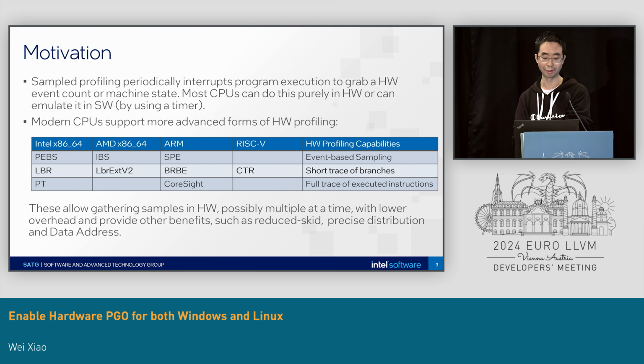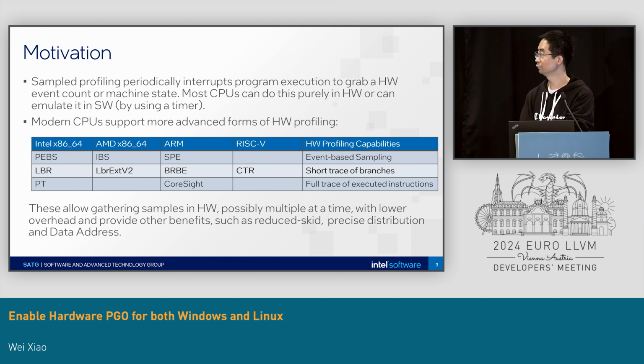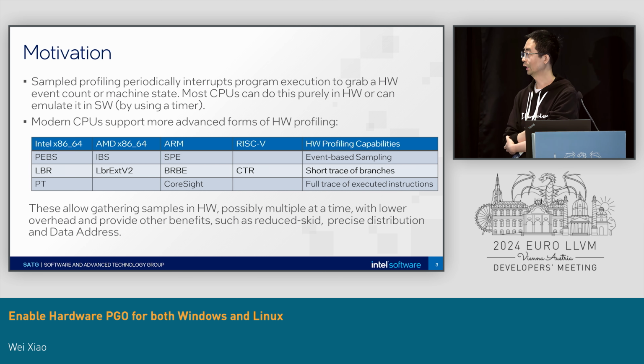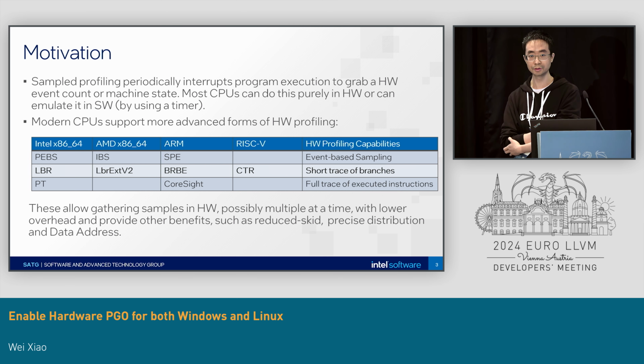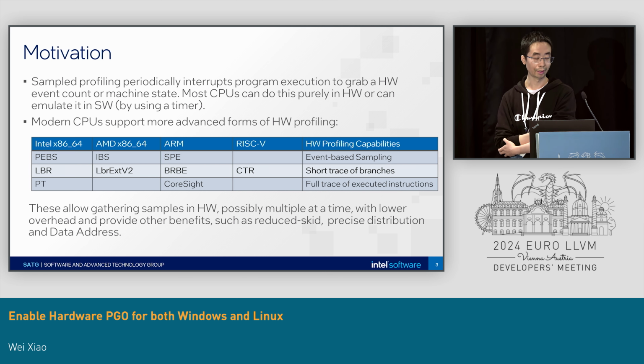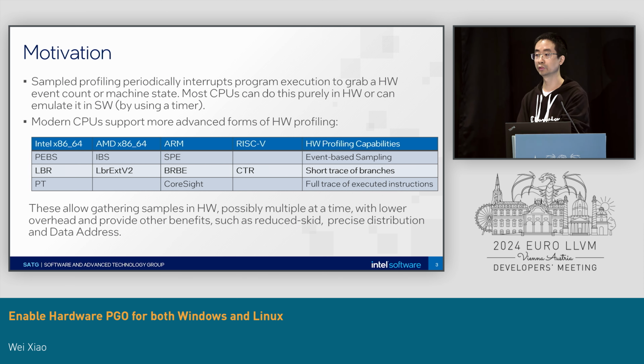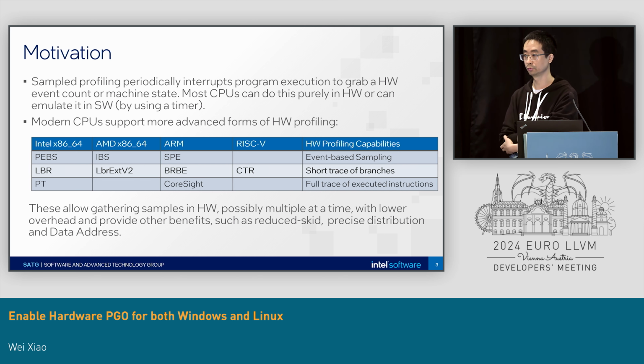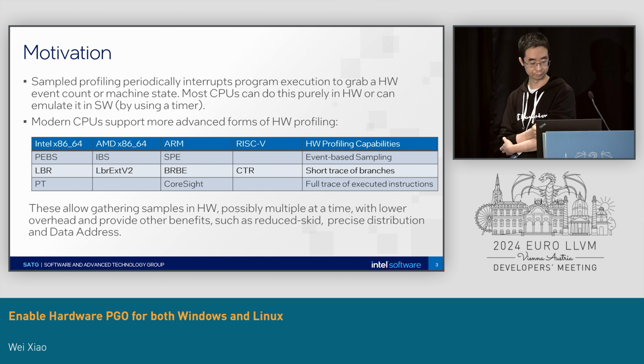Take Intel, for example. We have PEBS, LBR, PT processor tracing. AMD has IBS, LBR. ARM has SPE, BRBE, and CoreSight. Even RISC-V also has CTR, which is very similar to LBR.